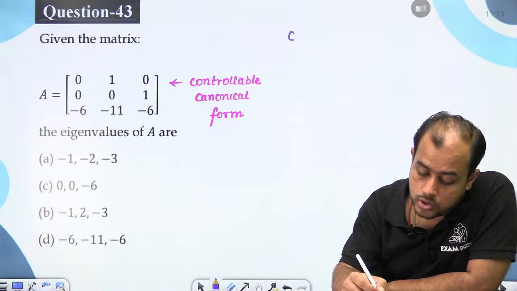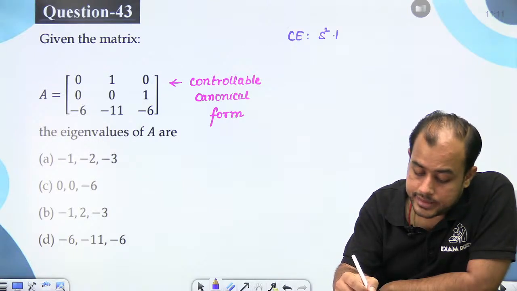So from the last row, I can write the characteristic equation.